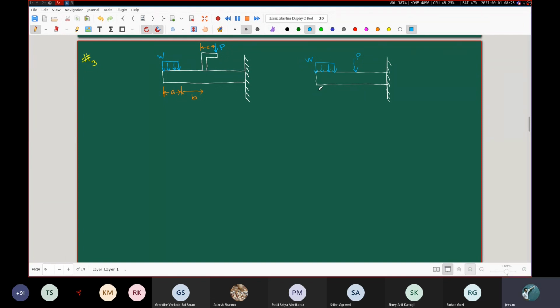So you understand that this part is A and this part is B. When I'm translating this force from here to here, what else do I need to do to ensure that these two systems are actually equivalent?